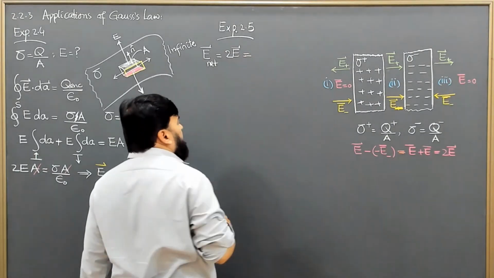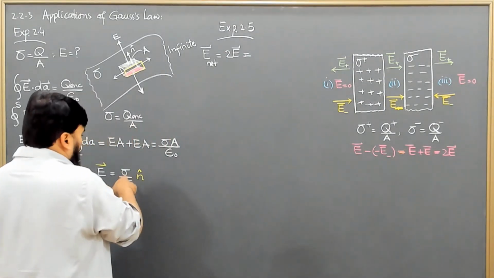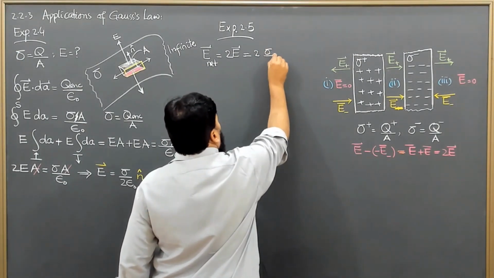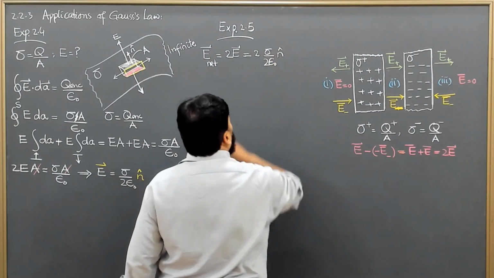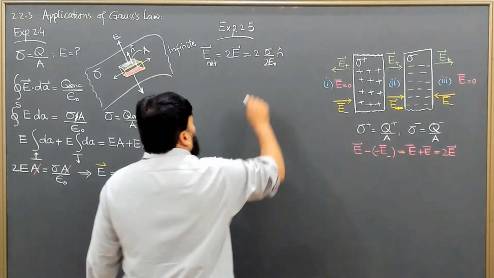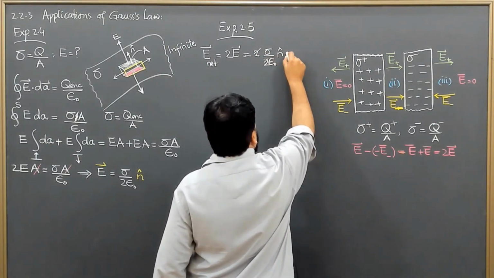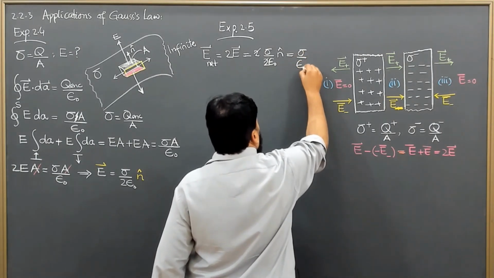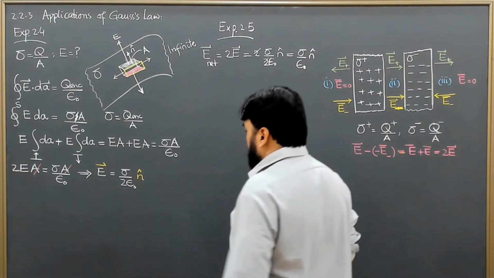Now E is the field of one sheet, and that is equal to sigma over 2 epsilon naught. So this is sigma over 2 epsilon naught in the unit vector direction, and the 2 will cancel, and we have the net field equal to sigma over epsilon naught in the n unit vector direction.